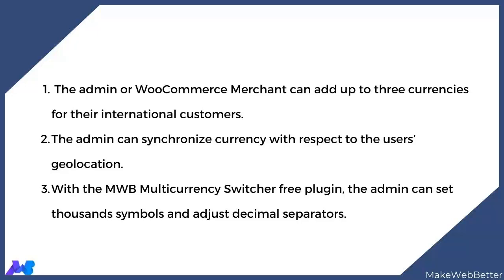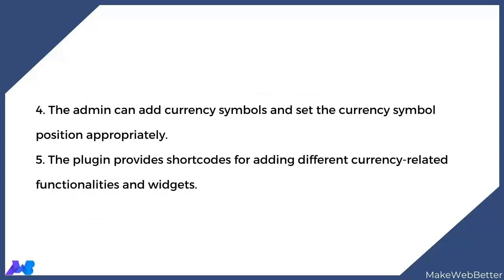In addition to that, the free plugin also provides to set the thousand separator and adjust decimal separators. Moreover, the admin can also add currency symbols and set currency symbol positions. And the plugin offers shortcodes for adding different currency related functionalities and widgets.